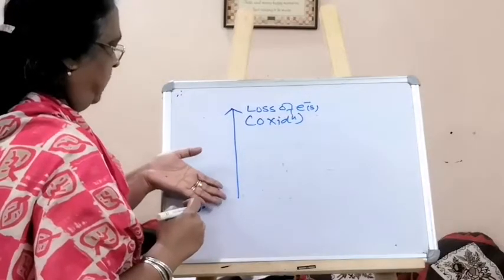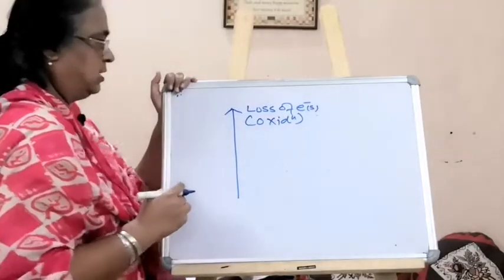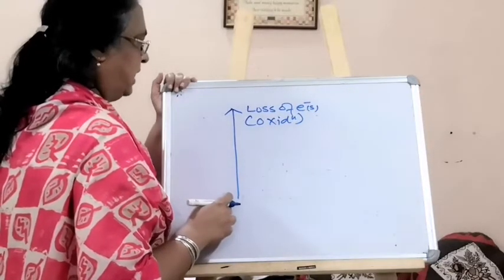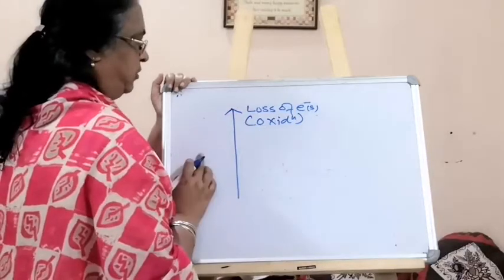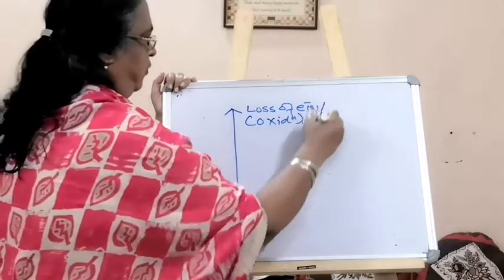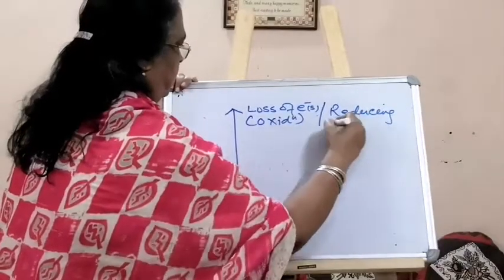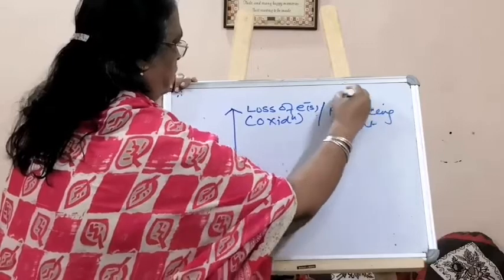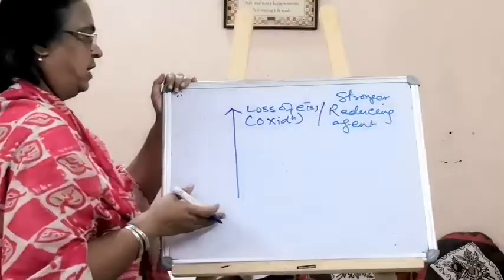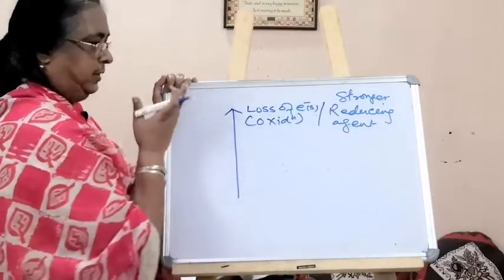When we move from bottom to top, the process of oxidation is increasing, is quicker, more reactive. Since loss of electron is there, it is providing electrons, therefore it will be a stronger reducing agent. So the strength of the reducing agent will keep on increasing as we move upward.